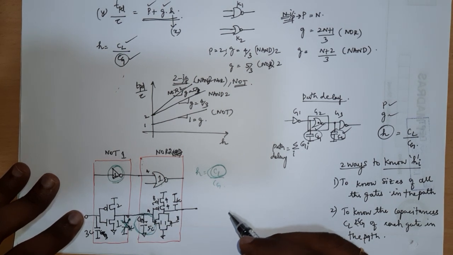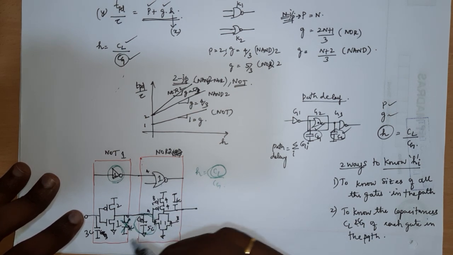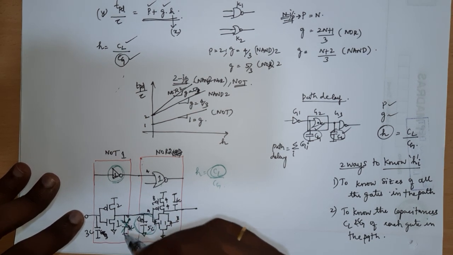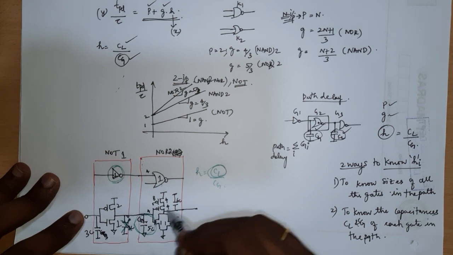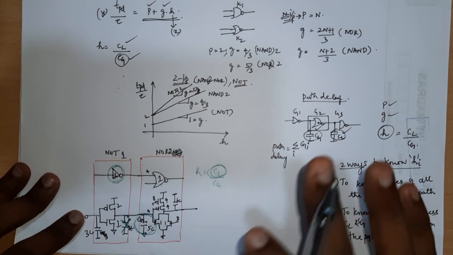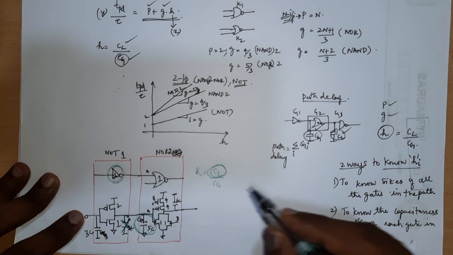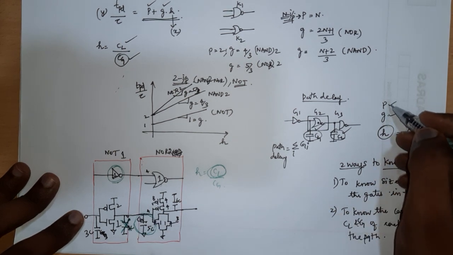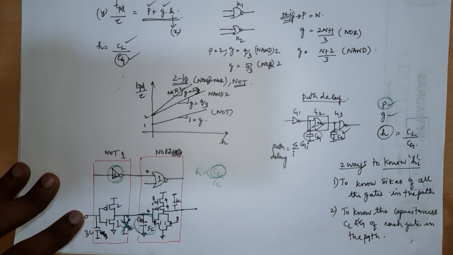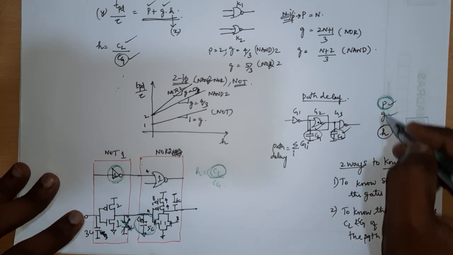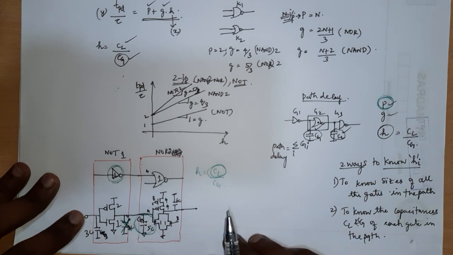That is something that you should remember, because you tend to think that there is some 3C parasitic capacitance here and the CG of this gate, so they will get added up. No, it's not like that. The effect of parasitic capacitance has already been brought inside this P. This P will take care of the parasitic capacitance of each gate.